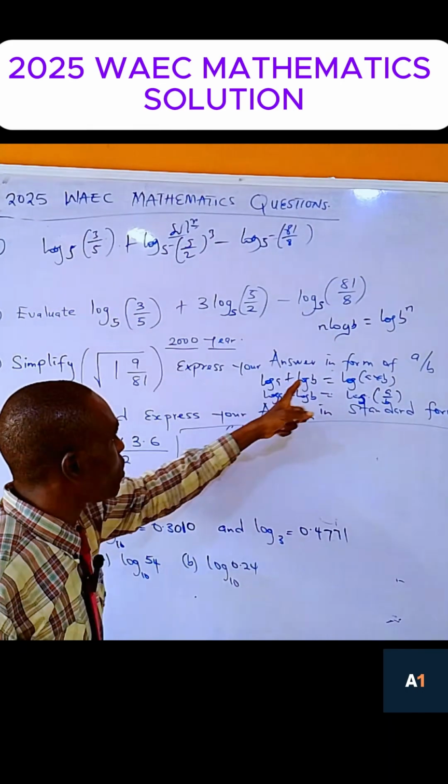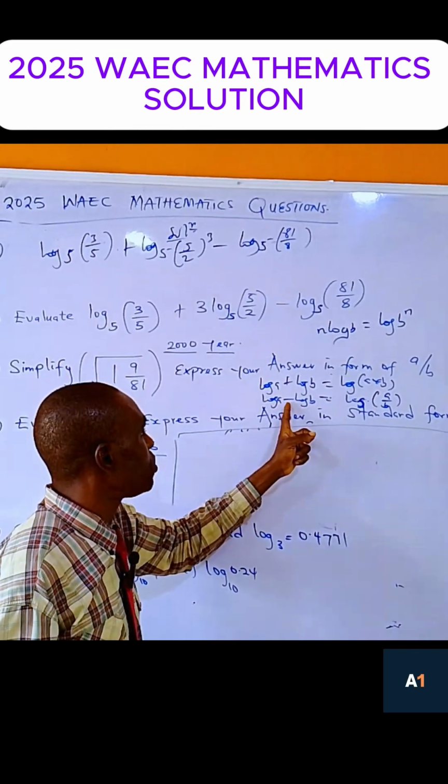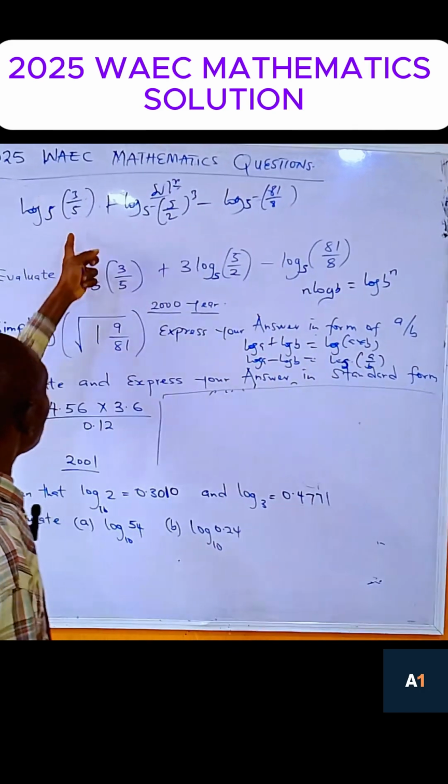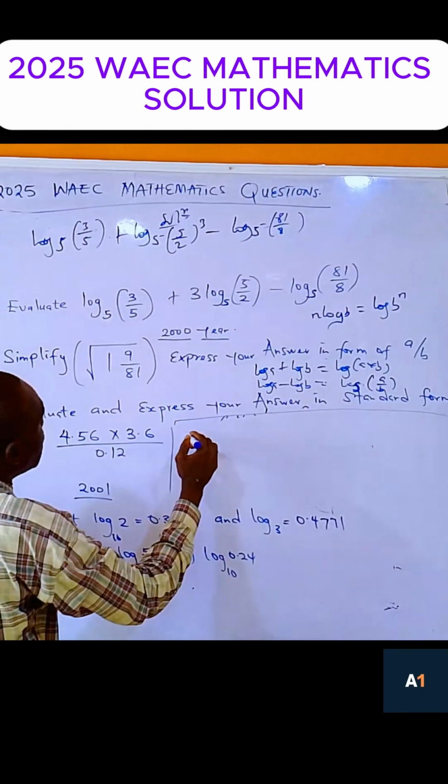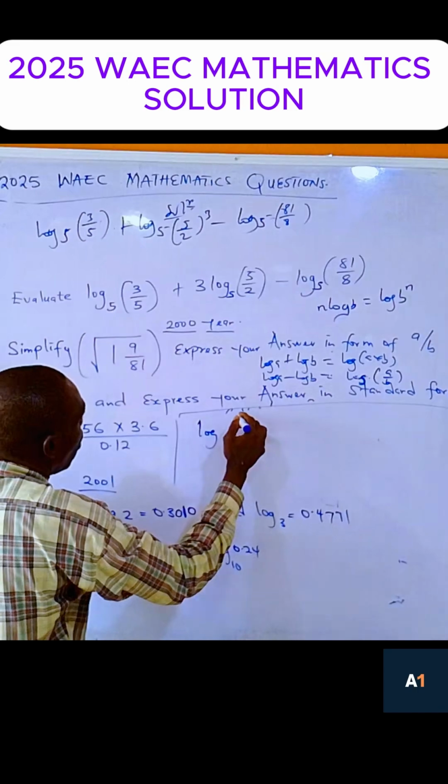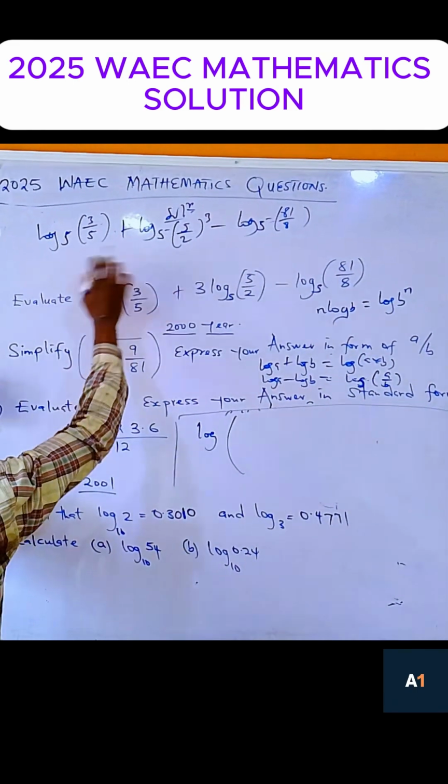So this one is multiplication, then minus means division. So when we look at this one, we can say log open bracket here, this is a multiplication sign.